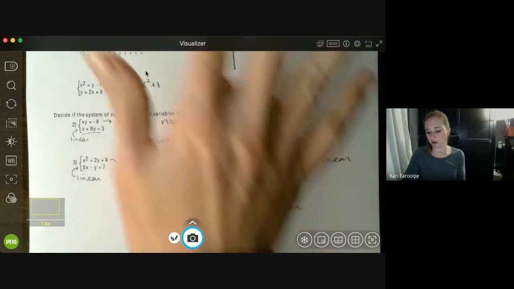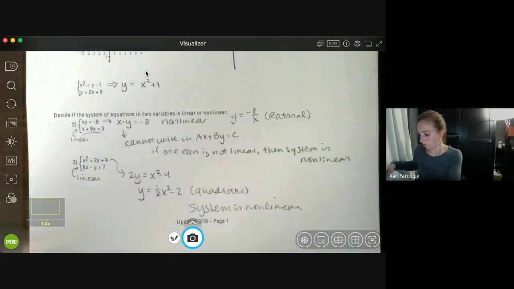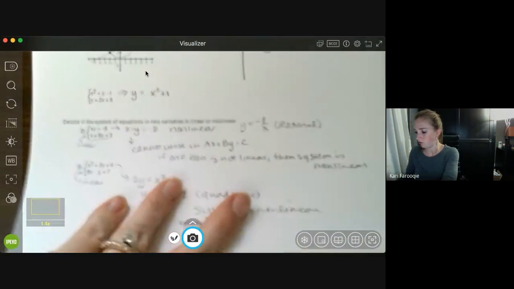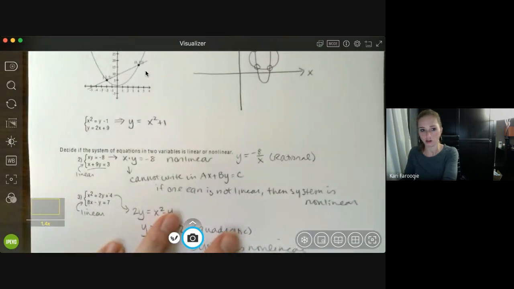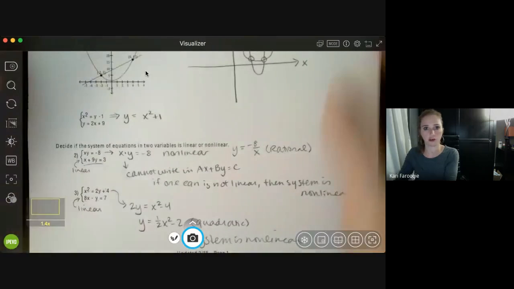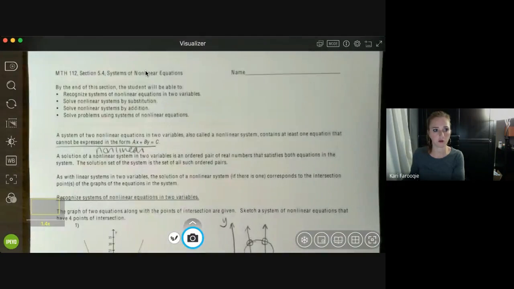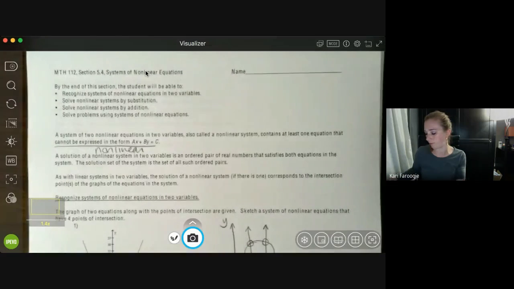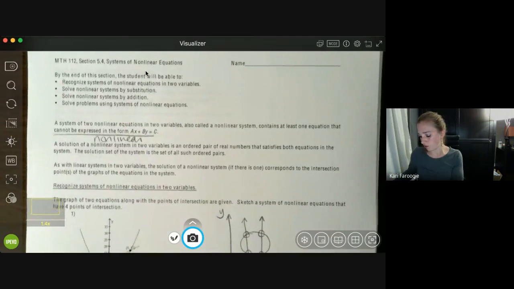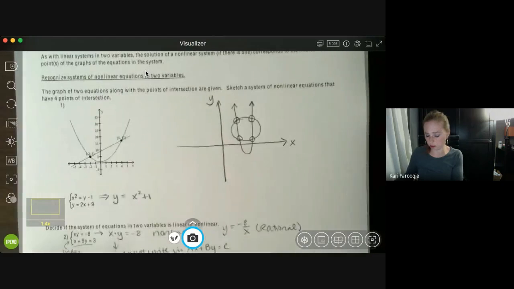So last time we talked about systems of equations. We solved some application problems, and we worked on elimination and substitution for 2 equations and 2 unknowns. And we started 5.4. We didn't get too far, but we mostly just talked about what a system of nonlinear equations might look like.